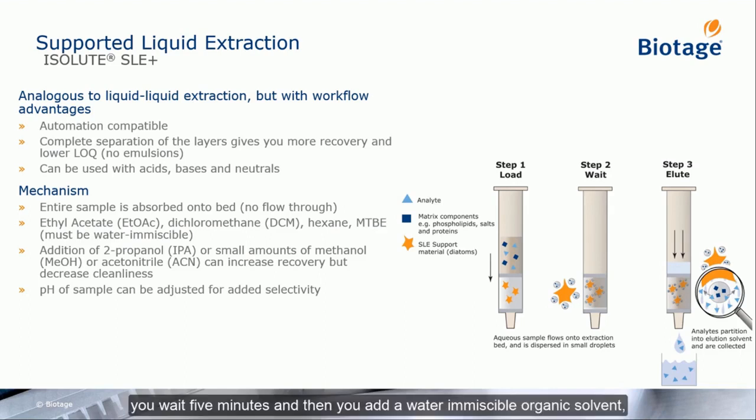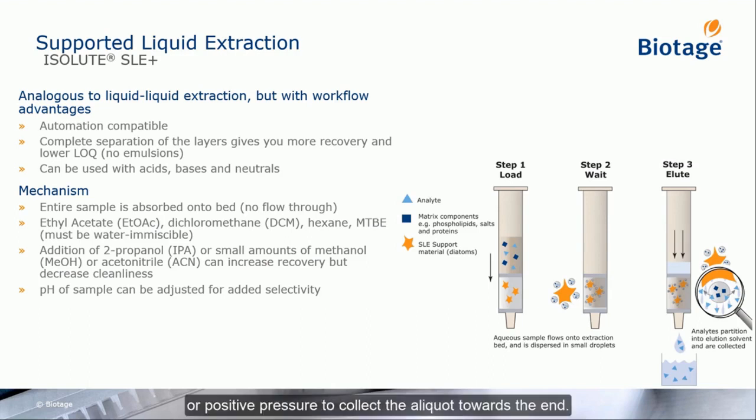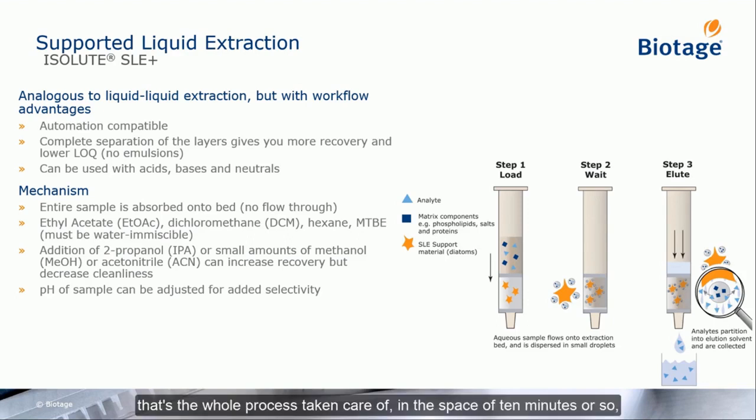You wait 5 minutes, and then you add a water immiscible organic solvent which percolates through the bed under gravity. So it's very simple. A little bit of vacuum or positive pressure to pull the aliquot off towards the end, and that's the whole process taken care of in the space of 10 minutes or so, depending on number of samples.